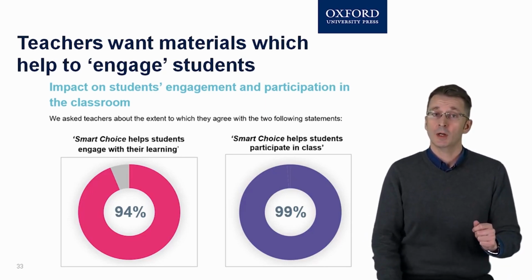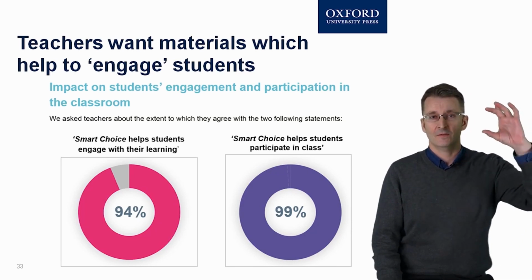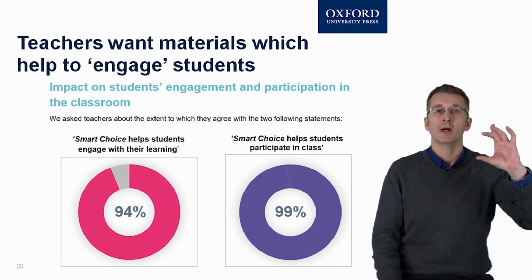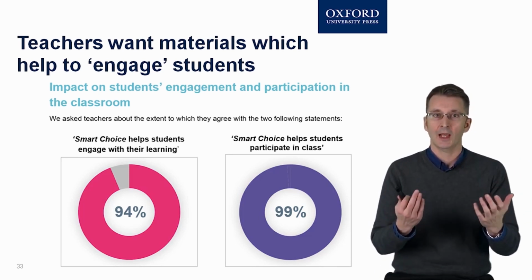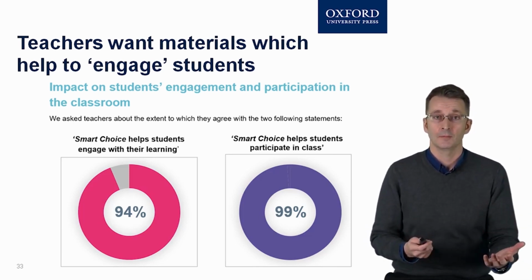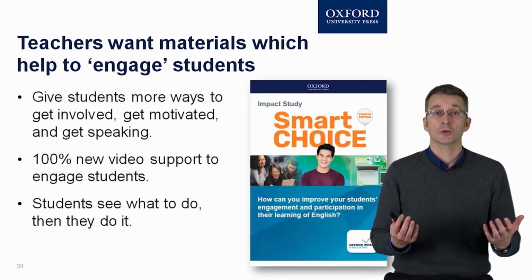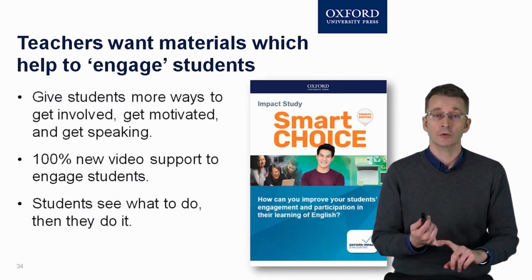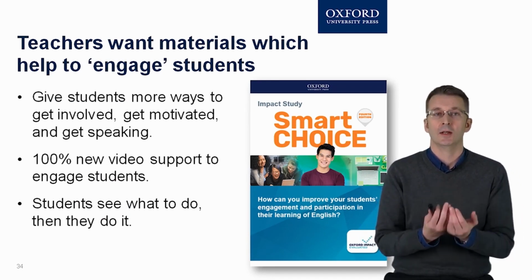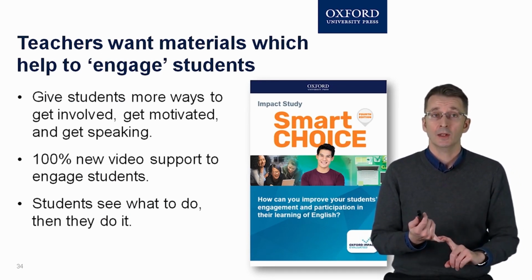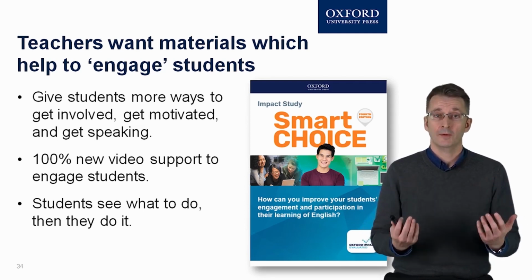One reason that we know Smart Choice is effective here is its very clear layout and very clear presentation of activities, so everyone in the classroom knows exactly what they have to do and how they should do it. So this course is already working, and for the new 4th edition, we look to add even more ways to get students engaged in the tasks. So one thing we do is provide more video support.